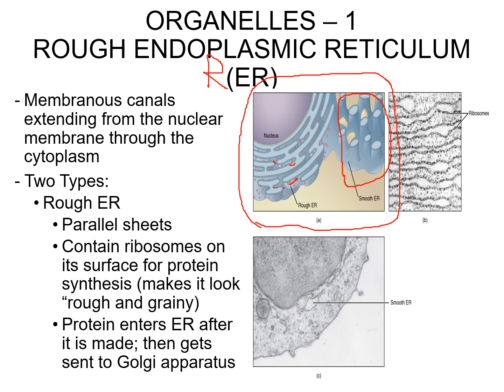So those little dots on the rough endoplasmic reticulum are ribosomes. And what we're going to learn in just a moment when we get to the ribosome page is this is where we make our proteins.